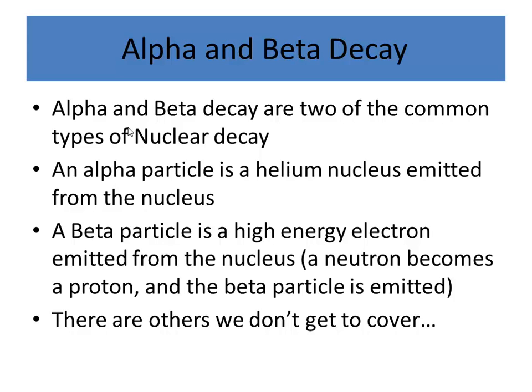Alpha decay is a helium nucleus that's emitted from the nucleus of the atom. And a beta particle is an electron that's emitted from the nucleus with high energy. The alpha particle is a lot bigger than the beta particle. An alpha particle is made of 2 protons and 2 neutrons. And there are a lot more that we don't cover in this class. These are just two basic ones. We'll talk about a couple more later.